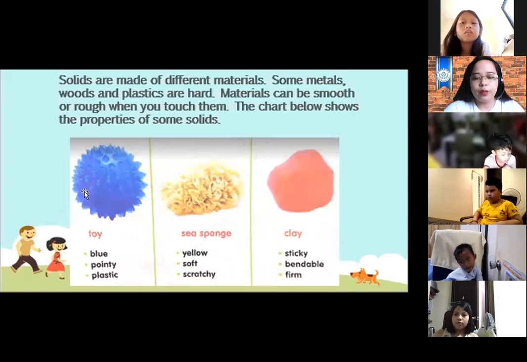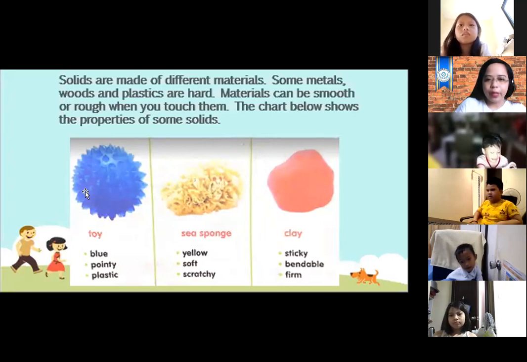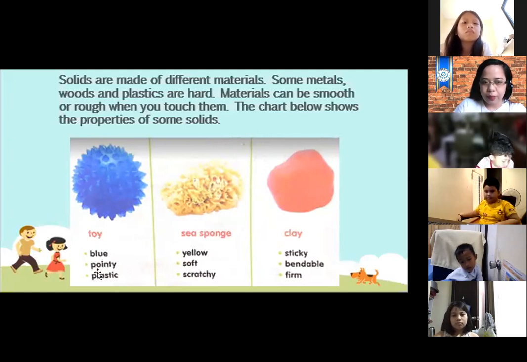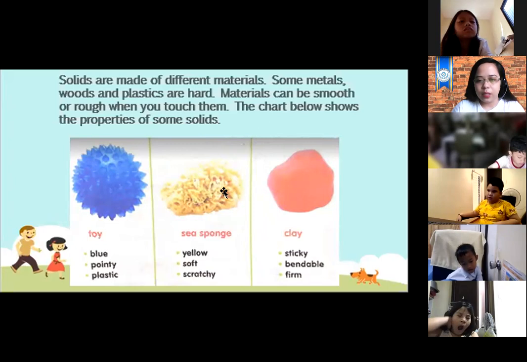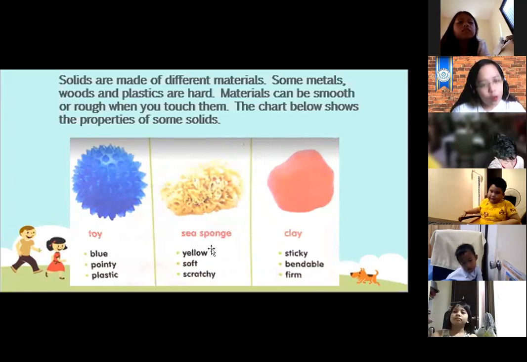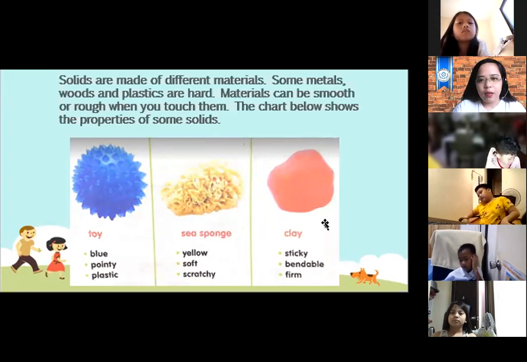Then you also have another one. It can be pointy and plastic, or you can also have the shoes, like it's leather, or cloth, right? So you have here another one, the sea sponge. It is yellow, soft, and scratchy. Then you have clay. It is sticky and bendable or firm, right?